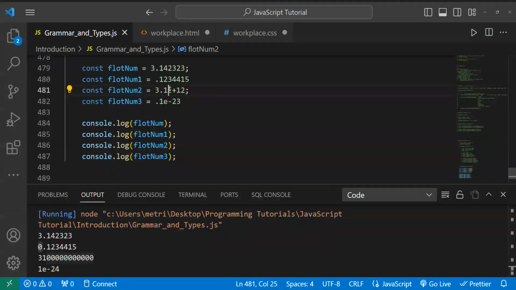So when you put such an e there, it's representing such a long number as exponential. So if you put plus 12 there, it means that we want 12 zeros in this case. If you say 30, it will give us 30 zeros. It will give us the exponential way. I will just show you that.